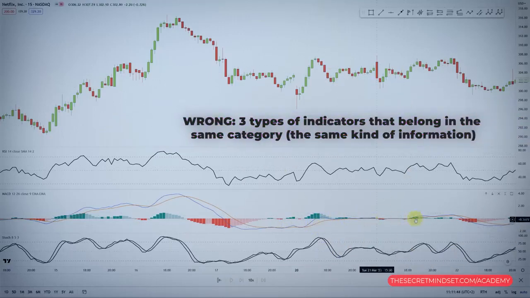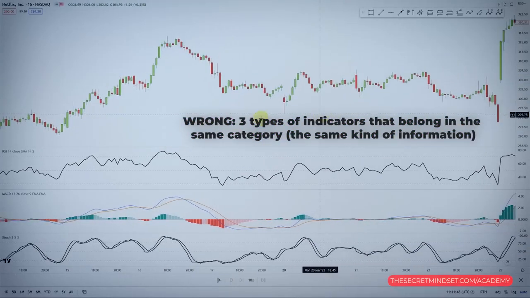So, if you trade with a multi-indicator strategy that uses the RSI, the MACD, and the stochastic, you are basically using 3 types of indicators that belong in the same class. These are all momentum indicators that are going to display the same kind of information in one way or the other.